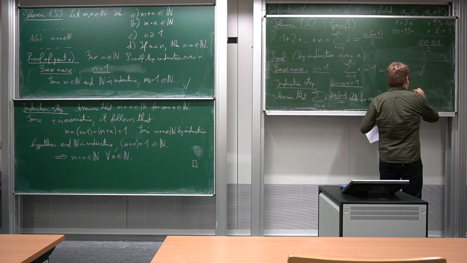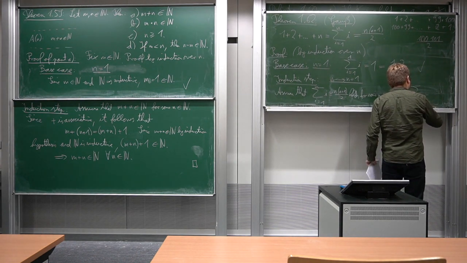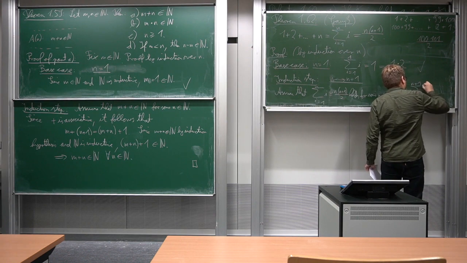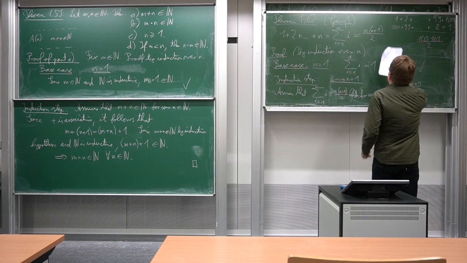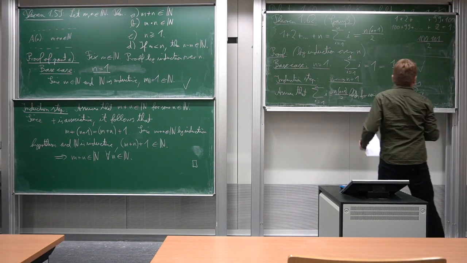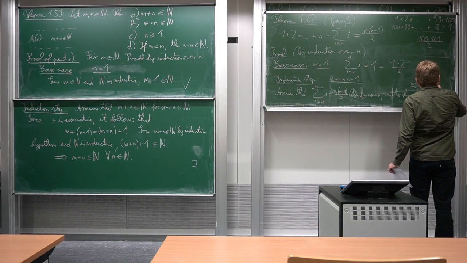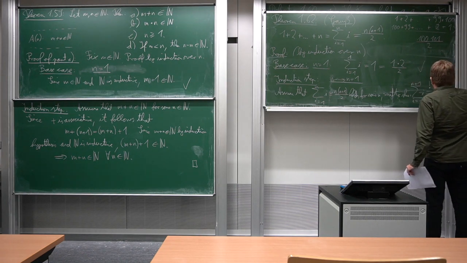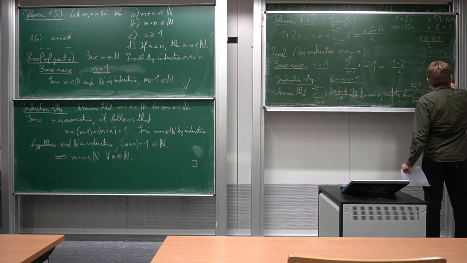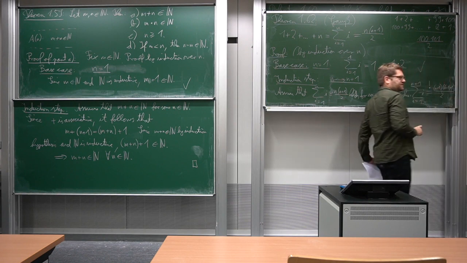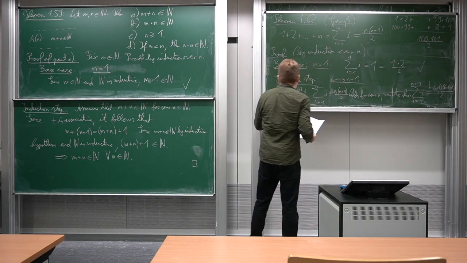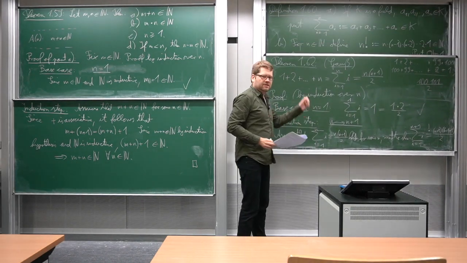What does this look like? We take the sum from 1 to n plus 1 of i. So we add n plus 1 as well, and then need to replace n by n plus 1 in the right-hand side as well. So this should be n plus 1 times n plus 2, over 2. So this is the equation we need to show, and let me just erase the blackboard.